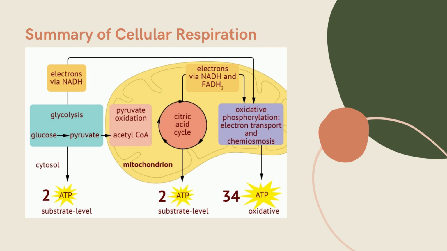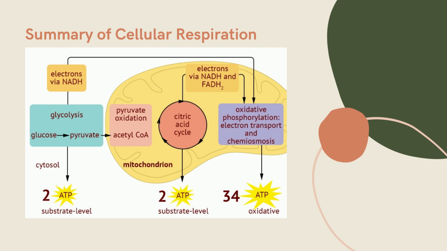The citric acid cycle is the continuous cycle of removing carbon molecules from citric acid to produce CO2, and also the receiving of high energy electrons by electron carriers such as NAD and FAD to produce NADH and FADH2, which is again required for our next step, the electron transport chain or oxidative phosphorylation.